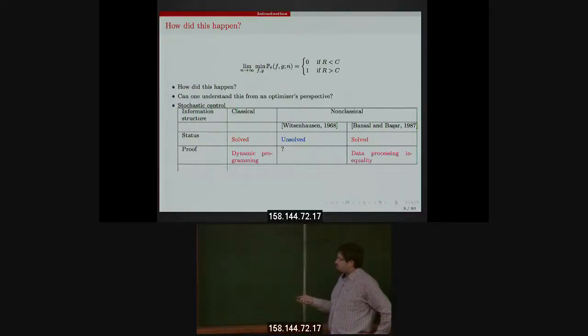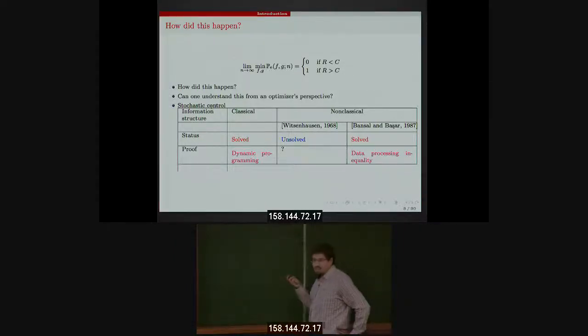Now, these are two instances that are solved, but the proofs differ drastically. The first instance, the classical information structure, you solve using dynamic programming or by writing the Bellman equation. The Bansal and Basar problem was solved making key use of the data processing inequality.